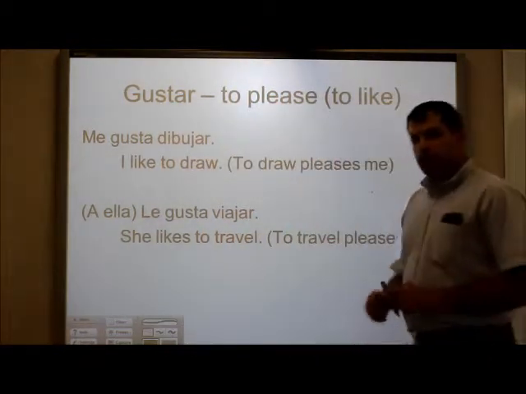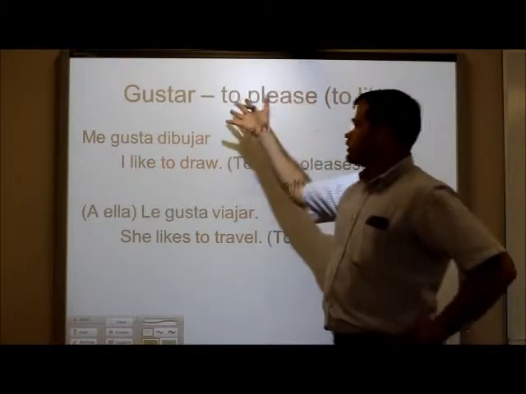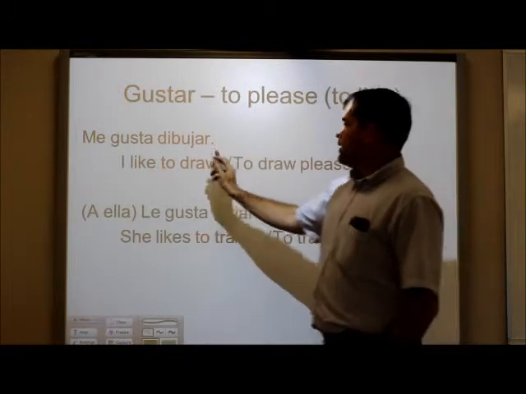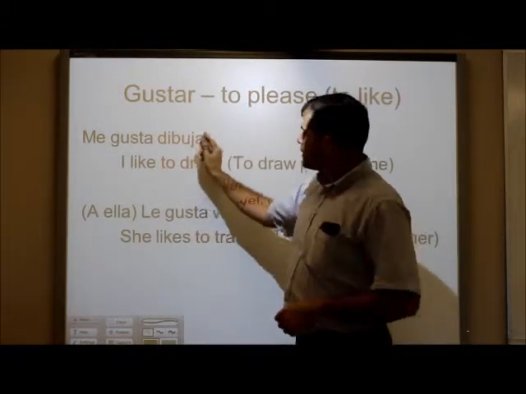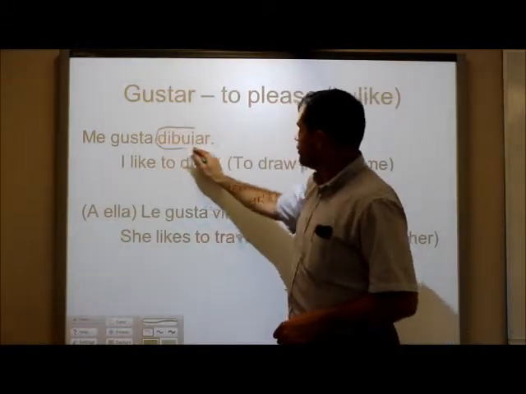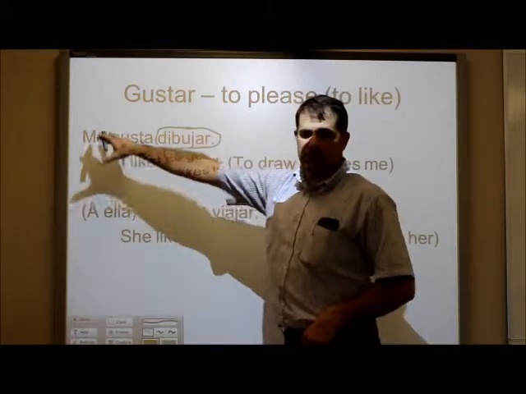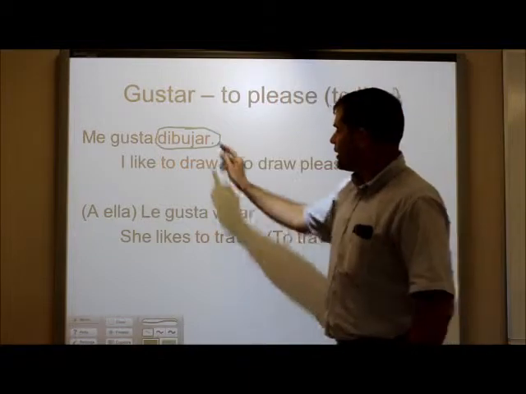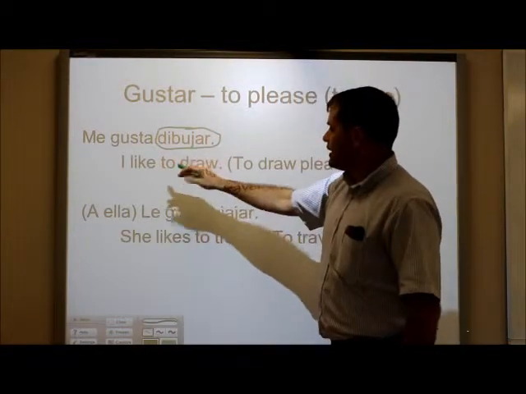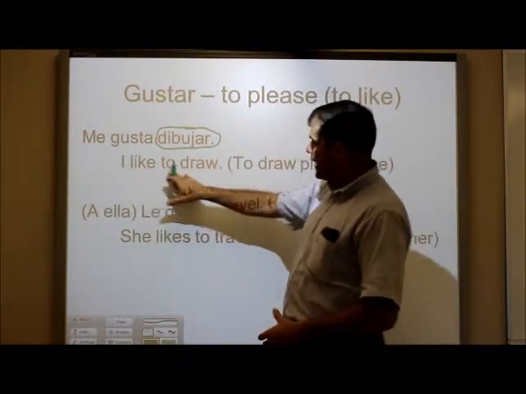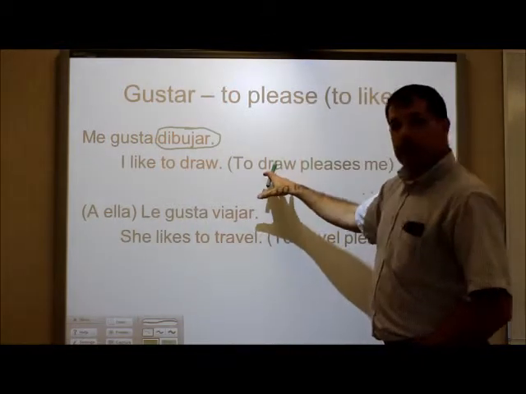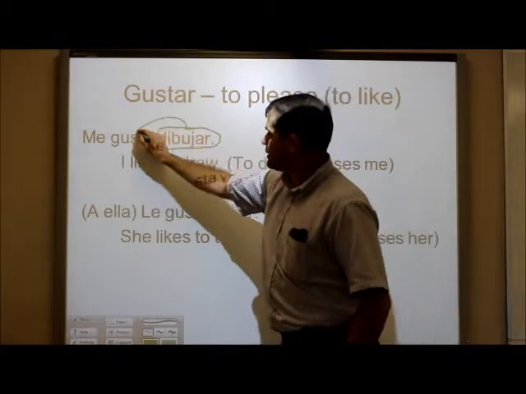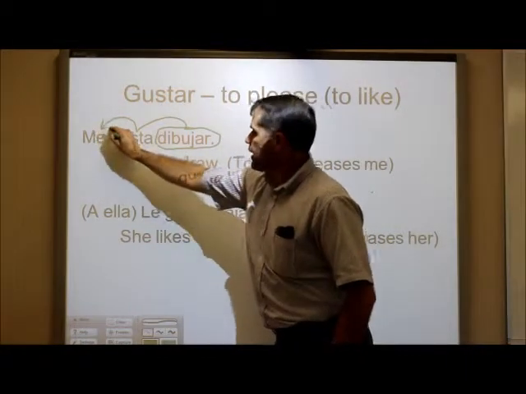Alright? With gustar, it's important to remember that when we're saying something pleases a person, the actual subject of this sentence comes behind the verb. So, in the sentence, me gusta dibujar, even though in English we would translate it, I like to draw, in Spanish we are really saying to draw pleases me.